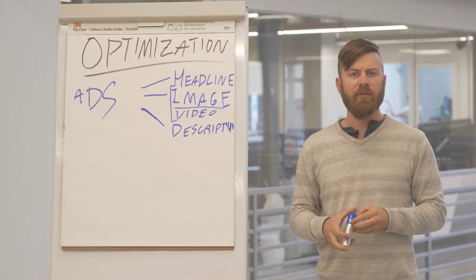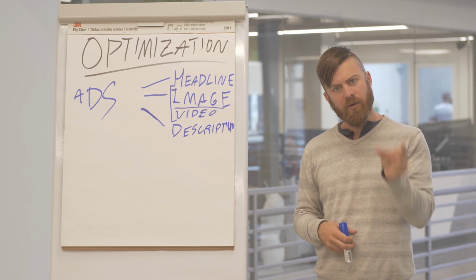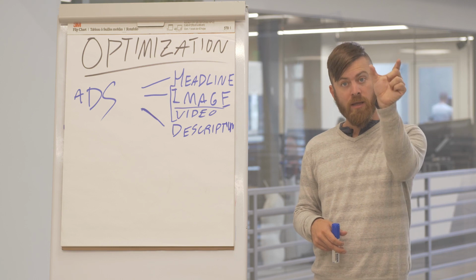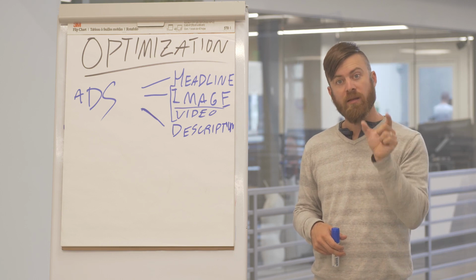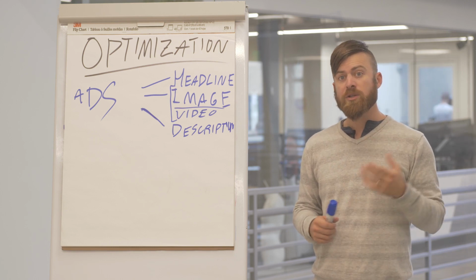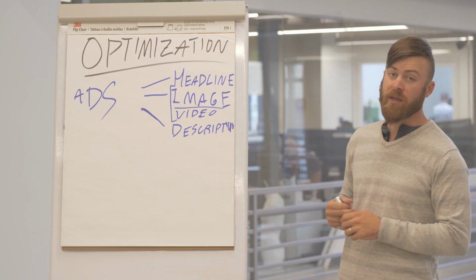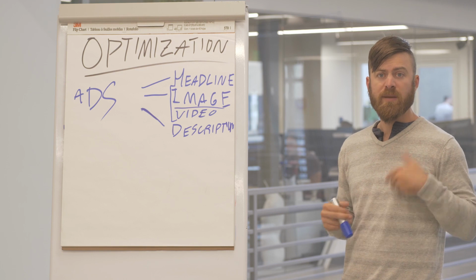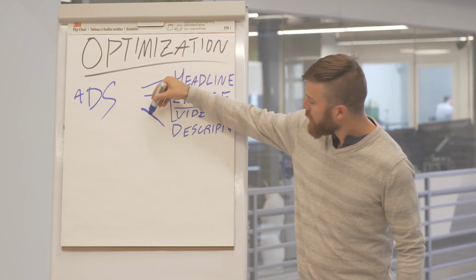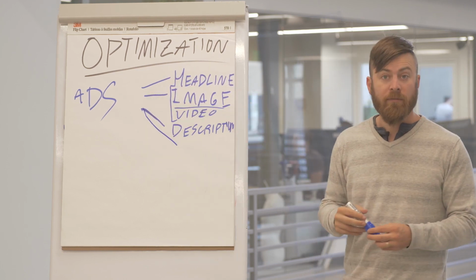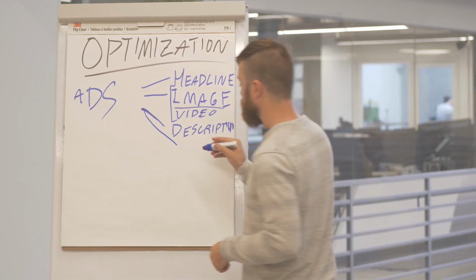In Google you get a headline and then you get a description. In Facebook you get a post, a headline, and then a description. The description doesn't have as much of an effect as you'd think, but it's still important because people read that.